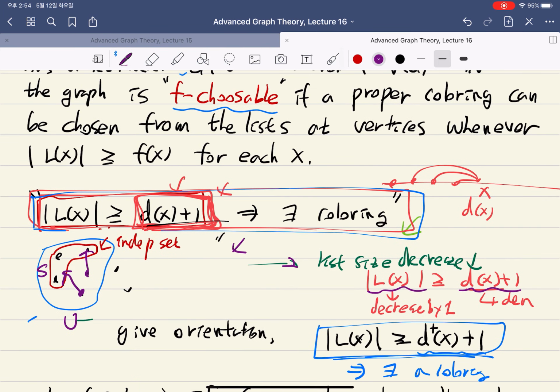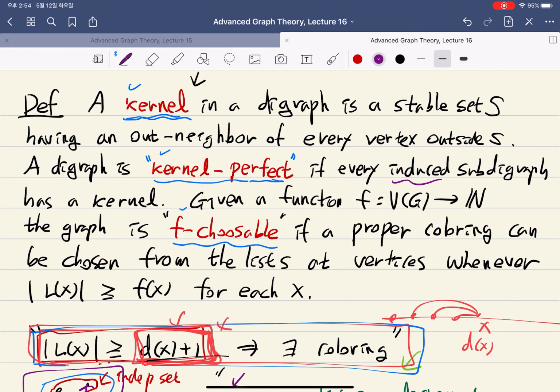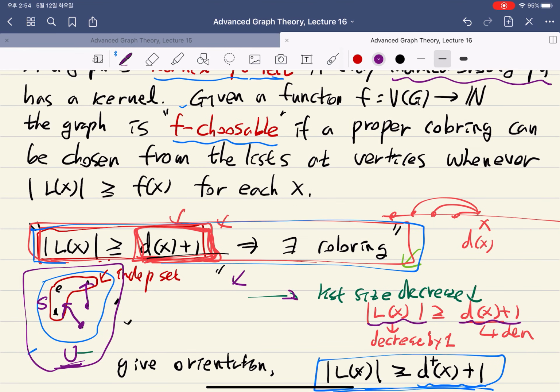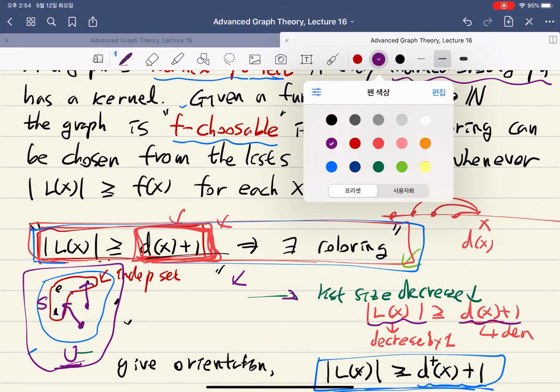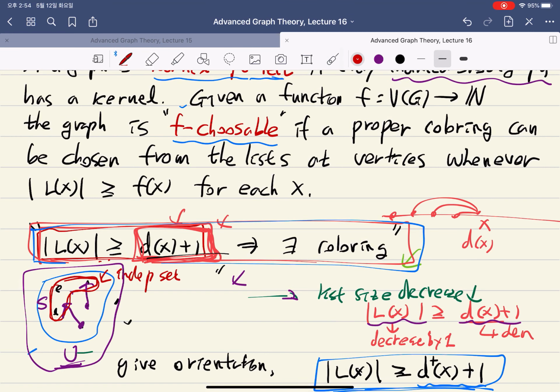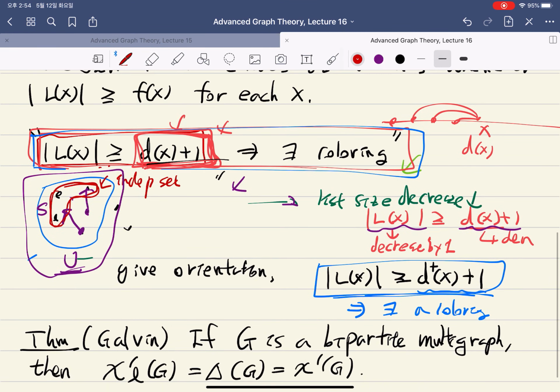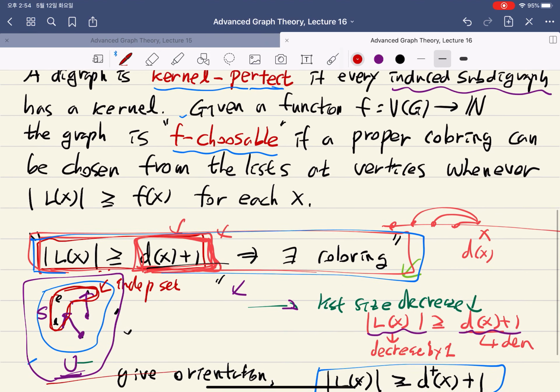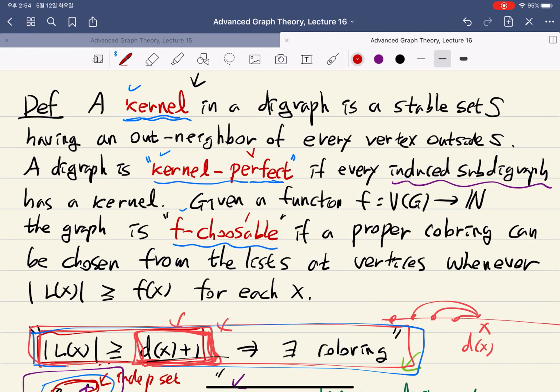So this set of vertices U is the induced subgraph, and every induced subgraph has a corner inside. So that's the situation that we want to have. Then this induction argument would go through. So that motivates this definition.